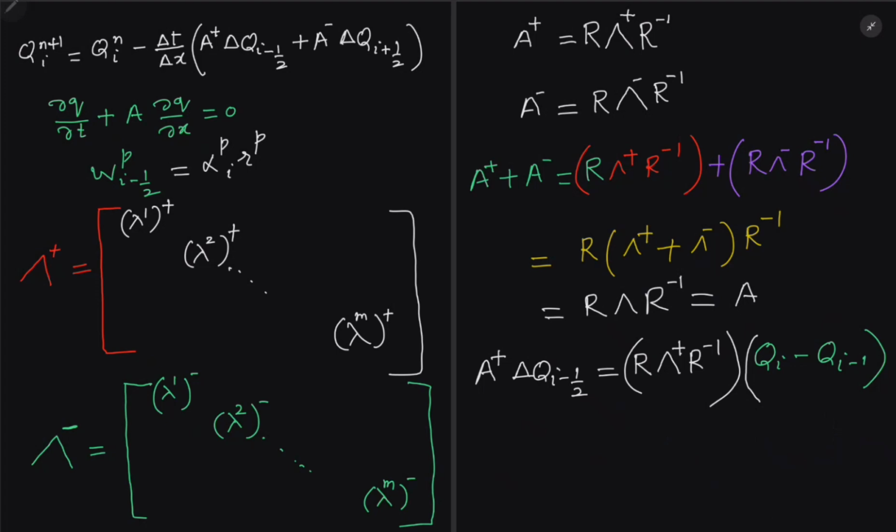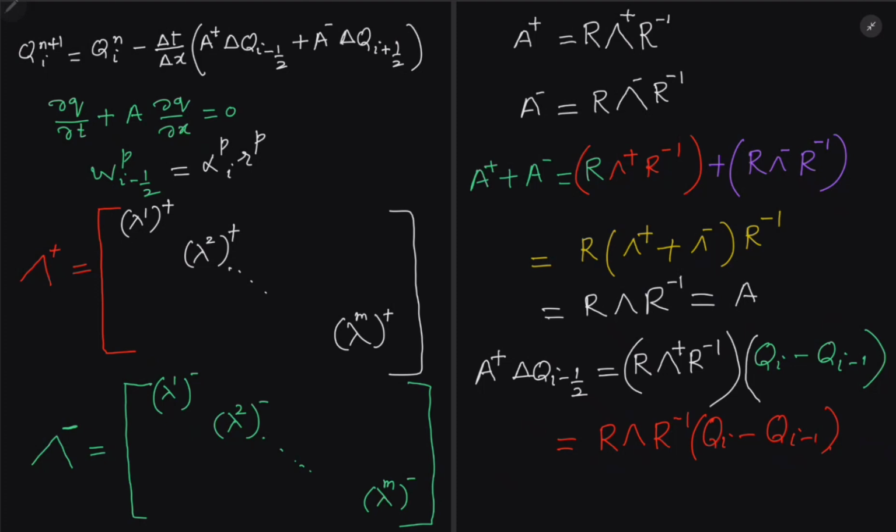Okay, so we just need to solve the right hand side. We have R omega R inverse, Q i minus Q i minus 1.